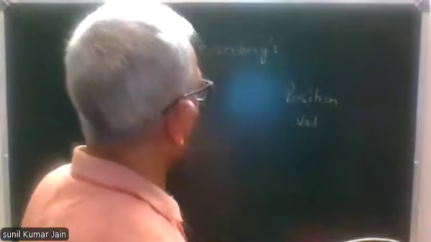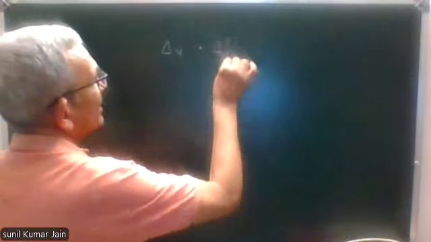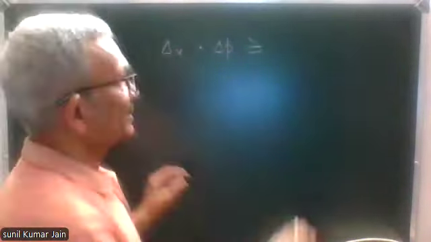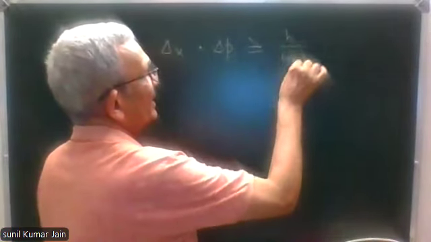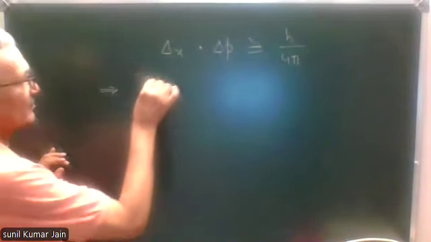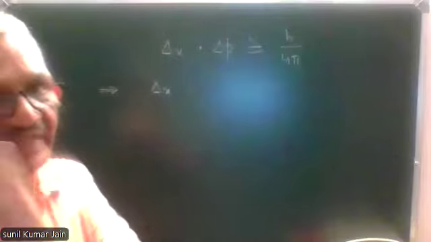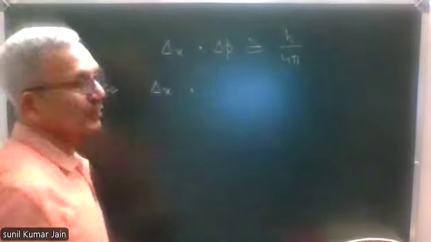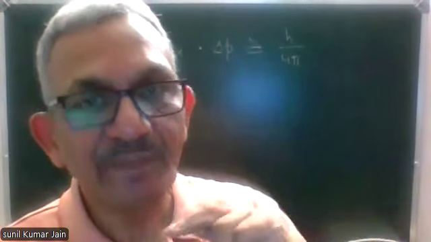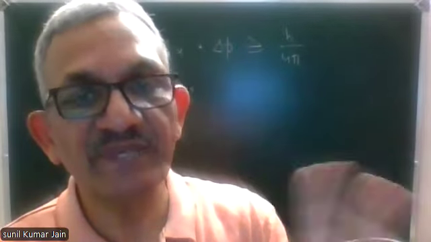Mathematically, I'm giving the formula. Mathematically, delta x into delta p is equal to or more than h by 4 pi. What's the meaning? I'll tell you. Delta x into p, where p is momentum. Momentum is mv. When the particle moves, its velocity may change.